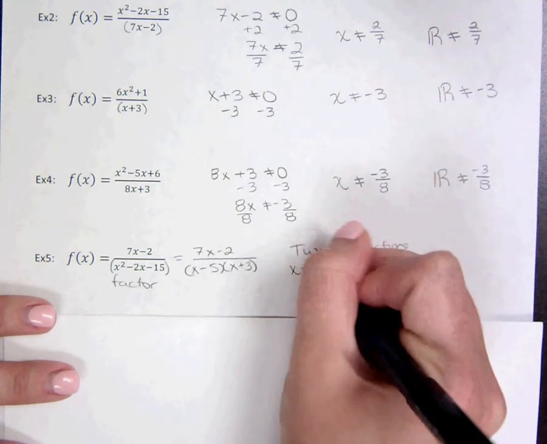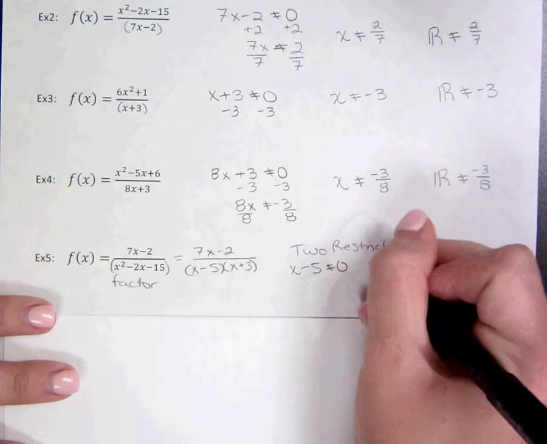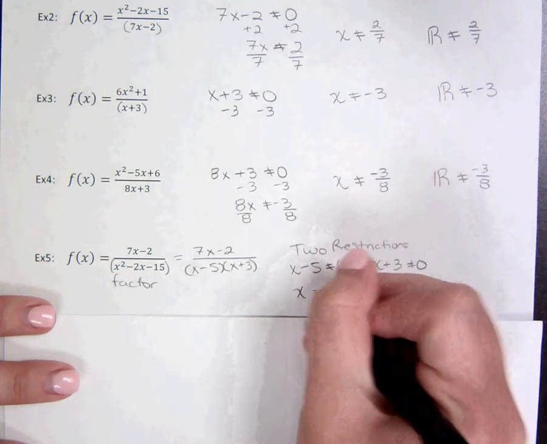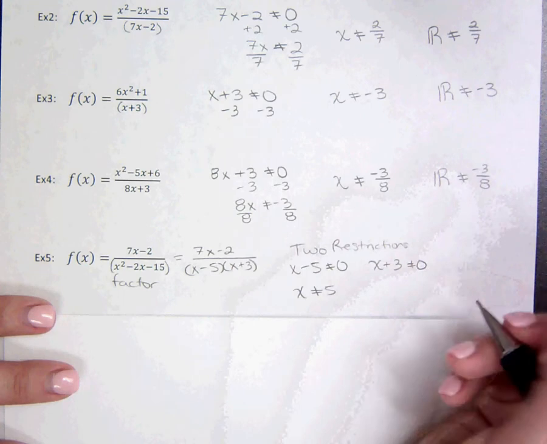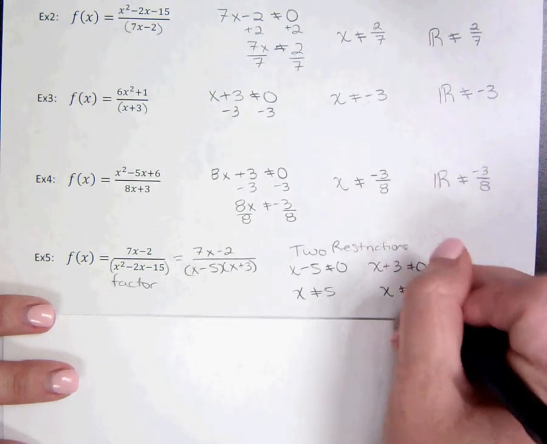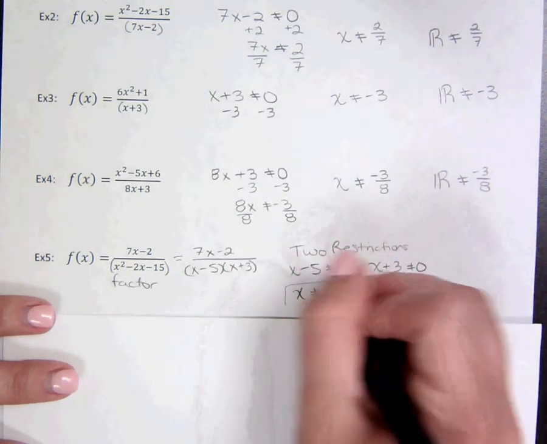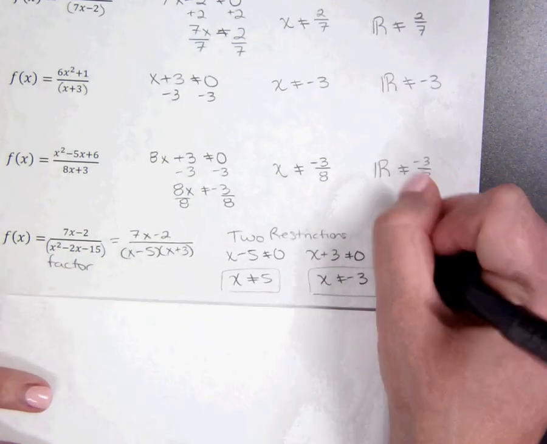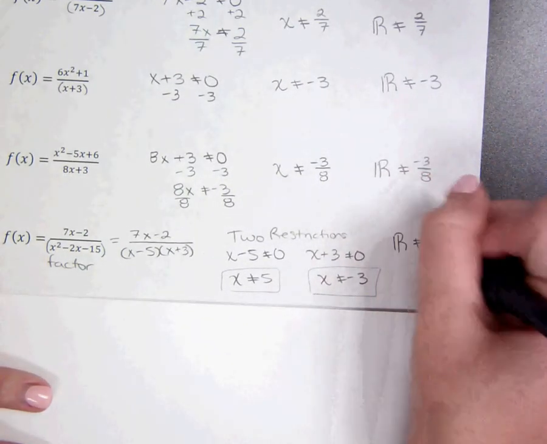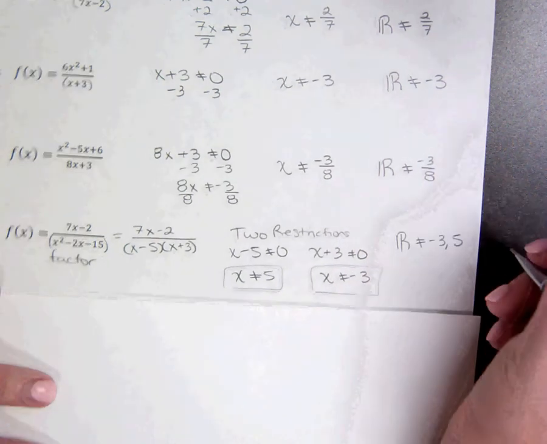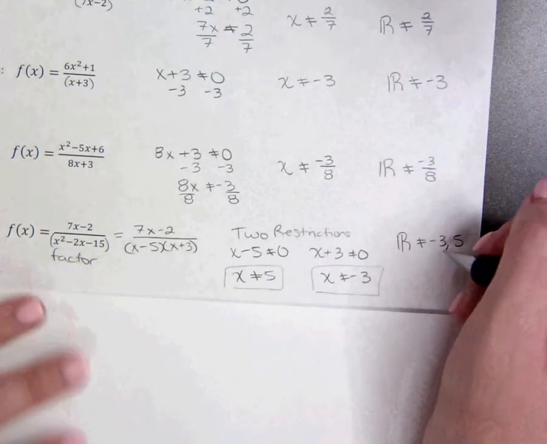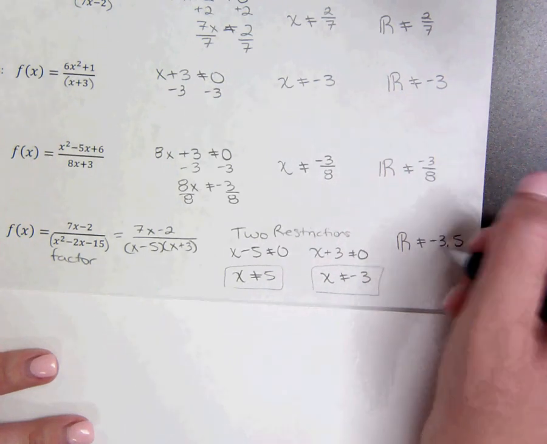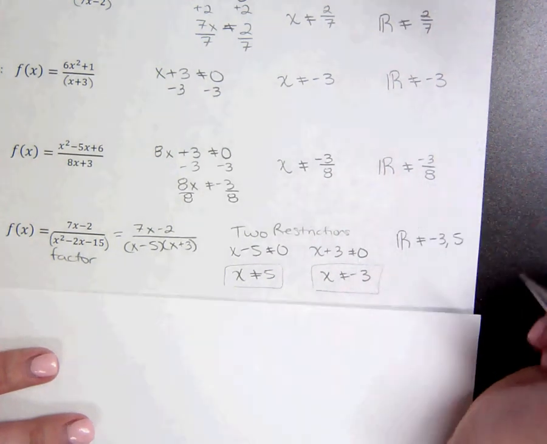X minus 5 cannot equal 0, and x plus 3 cannot equal 0. So if I solve each one of those, x cannot equal 5, and x cannot equal negative 3. So there's 2 restrictions for that one. And you'd have all real numbers not equal to negative 3 comma 5, and you would just list them out. I don't know if it has to go least to greatest on your homework. I don't think it cares, but mathematically speaking, we like to list things least to greatest.